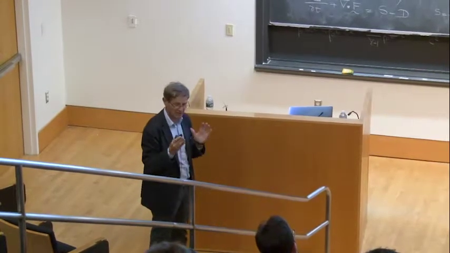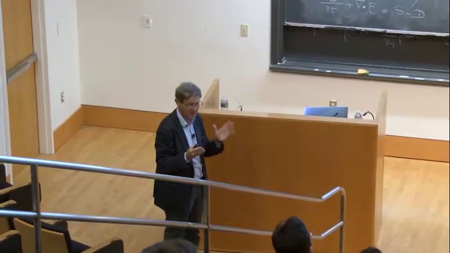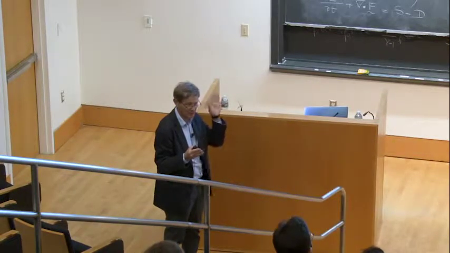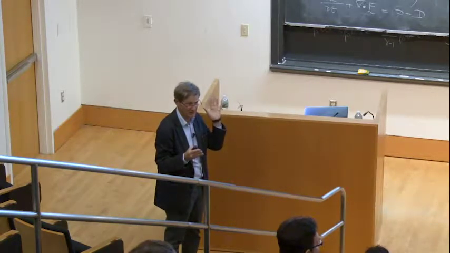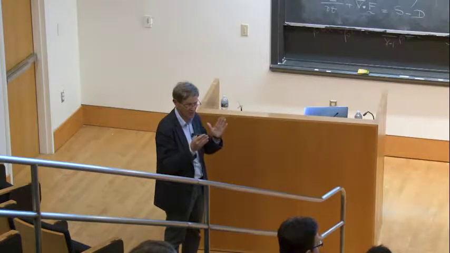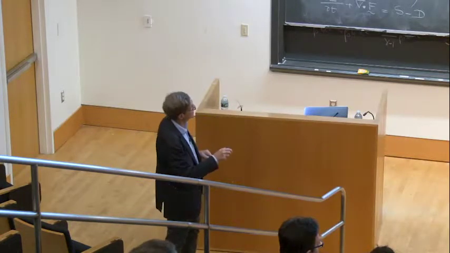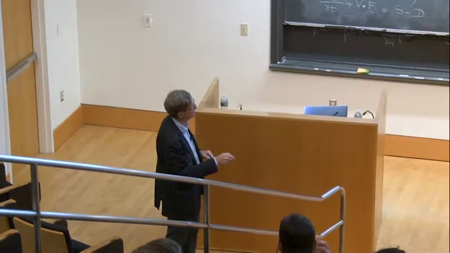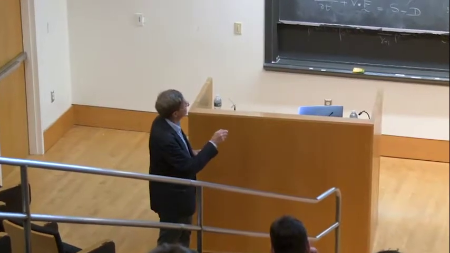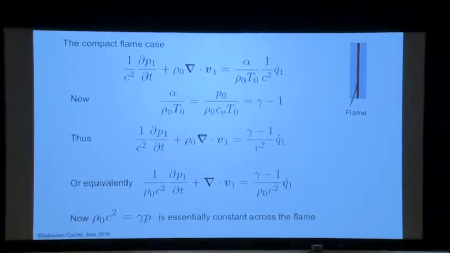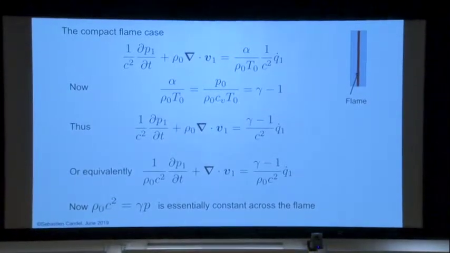We looked at the balance. We used one of the equations to get a balance for compact flames, because compact flames are very simple models. So you have a flame which is very thin here compared to the wavelengths, and we surround that by a volume.